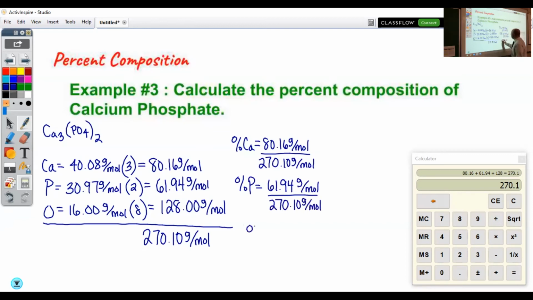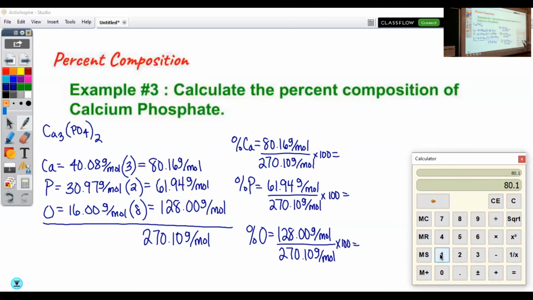And finally, for percent oxygen, we will get 128.00 grams per mole divided by 270.10 grams per mole. Again, we'll multiply each of these by 100 to convert our decimal into our percent.